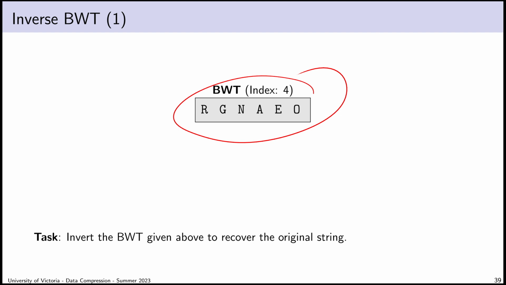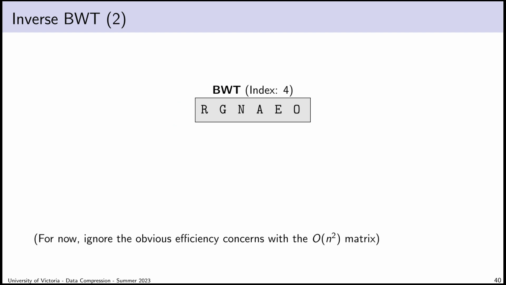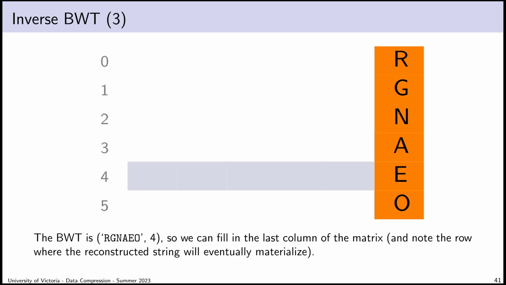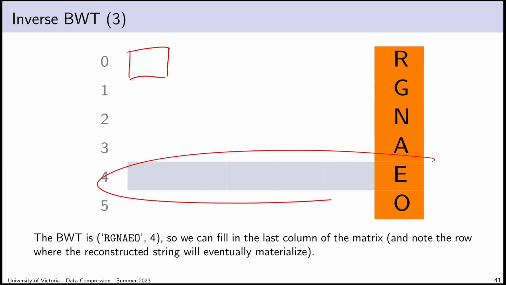To approach this, I'm going to start by going back to the matrix, because I think it helps to visualize things, and then I'll talk about a way of making it fast. So for now, I will ignore the efficiency concerns. Let's go back and talk about the BWT in its full matrix-based form. So the BWT is this sequence, R, G, N, A, E, O. My approach here will be to try and recover every single entry of this matrix. If I can do that, then I can get the original string.